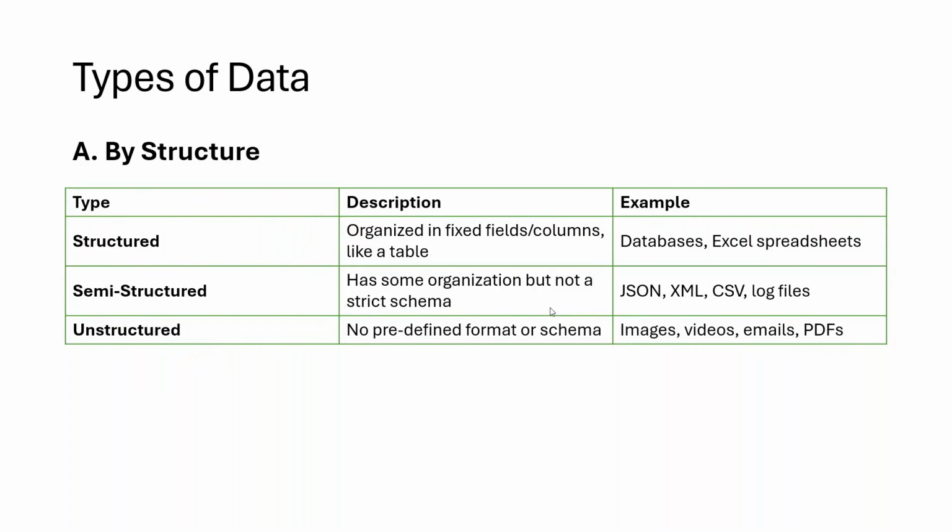Semi-structured means something like XML, YAML, JSON, some log files, and CSVs. And then unstructured is something like images, videos, emails, PDFs, and sometimes log files, random log files that are not structured. So these are the types of data by structure.